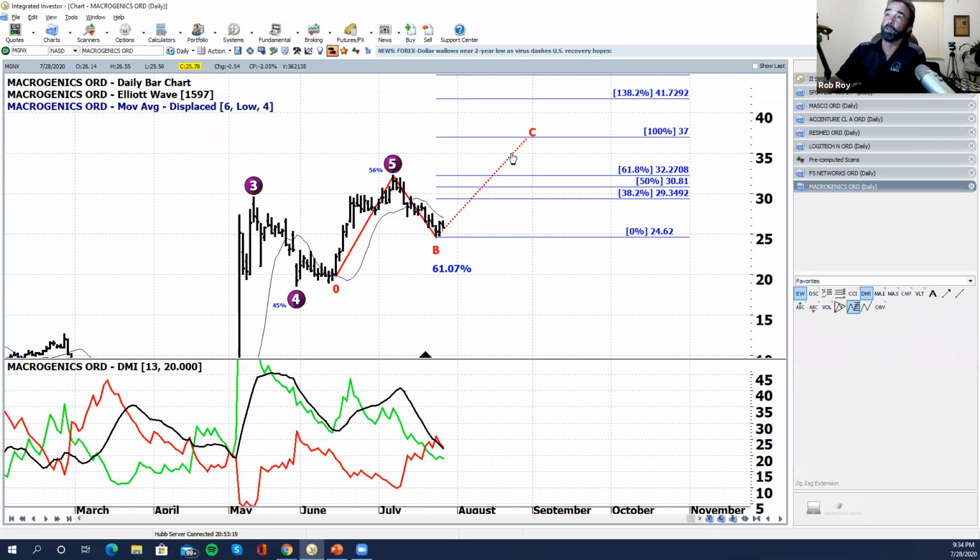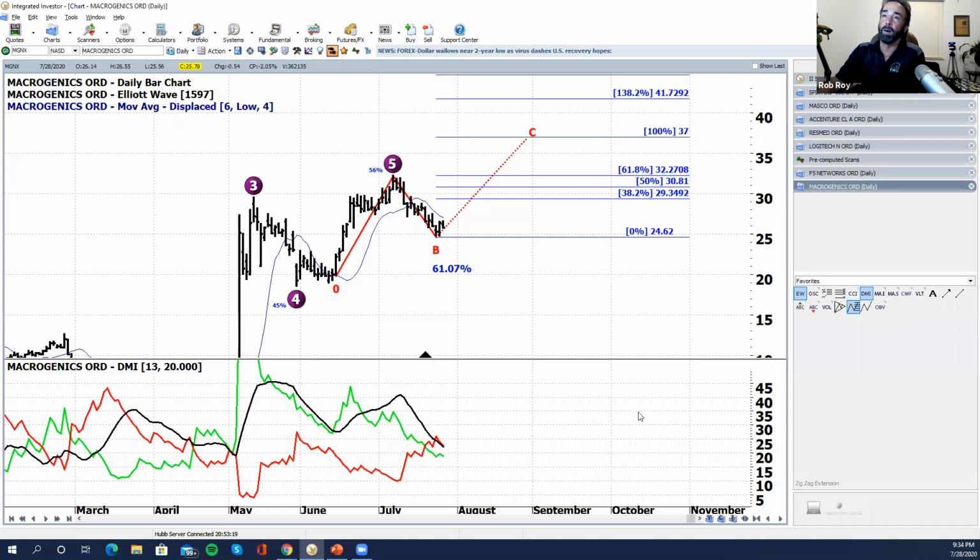So what we watch for now is any indication that we are going to start this wave C. In fact, unless you were given a signal out of the DMI that says, no, stay away, this would be a potential entry to move to the upside of a corrective zigzag pattern.